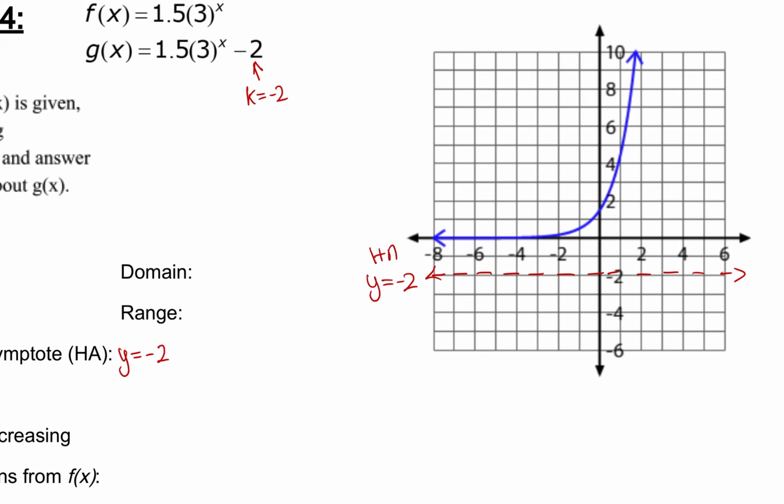This is my HA. And I'm going to plot the points of accuracy. Now, for this example, for this function, I have the following points of accuracy. So I have my x, I have my y, and I'm going to plot the following points.